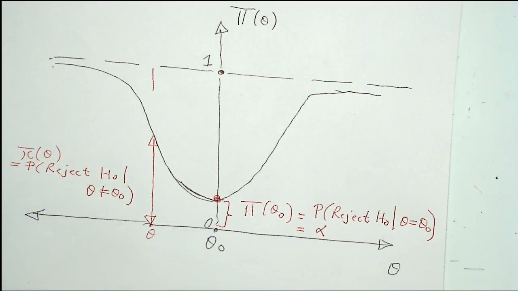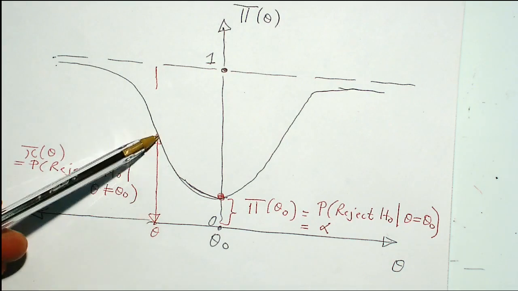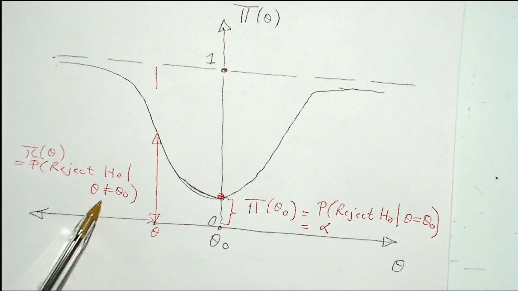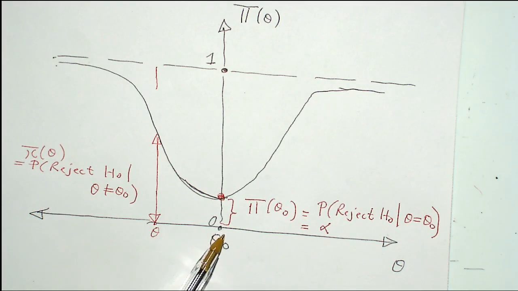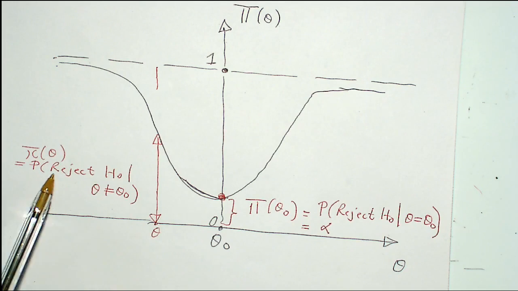Can you see this? The distance from this point to this point is the probability of rejecting H0, because theta 0 is over here, guys. Obviously, this is not equal to theta 0, right? So this is the probability of rejecting H0 when theta is not equal to theta 0.